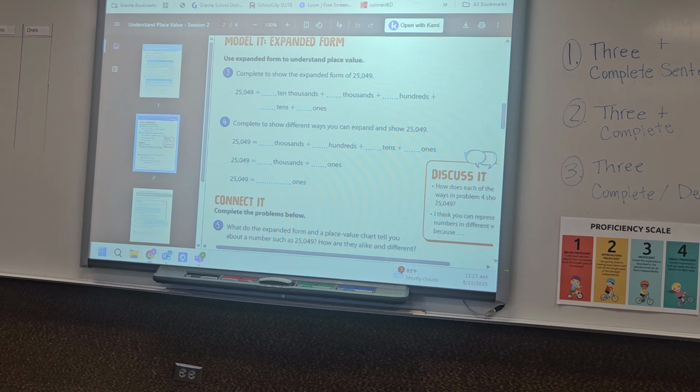Okay, number 3, use expanded form to understand place value. Well, that expanded form looks much different than we did on Monday, right? It's half in numbers and half in words. So it's a little different than the expanded form that we did.